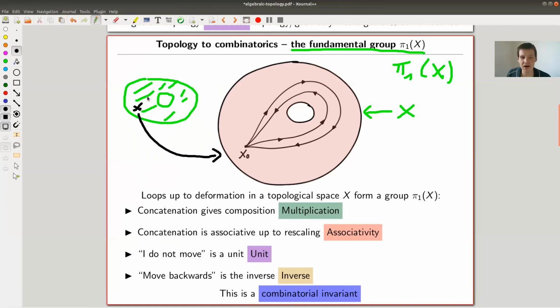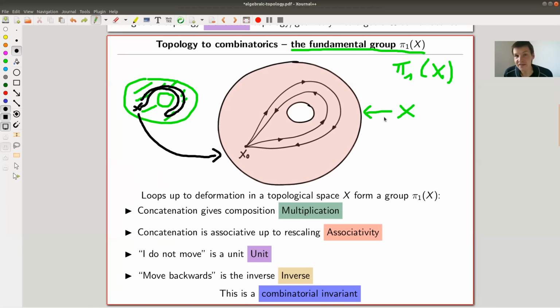And what you then consider are loops in this space. So here's a loop, for example. In this space means I'm not allowed to do something like this because the hole itself is not part of my space. But I could consider loops like this one or like this one.